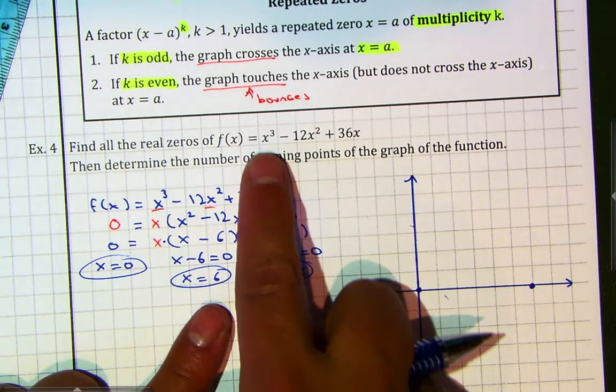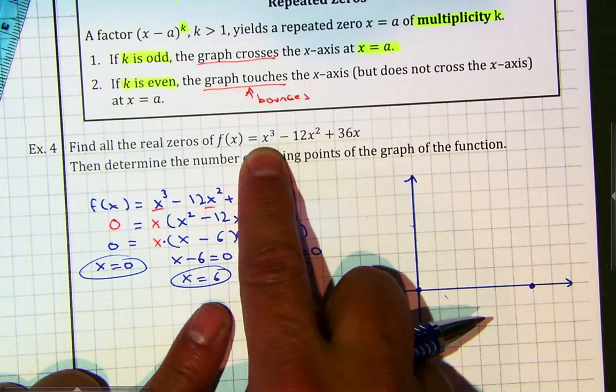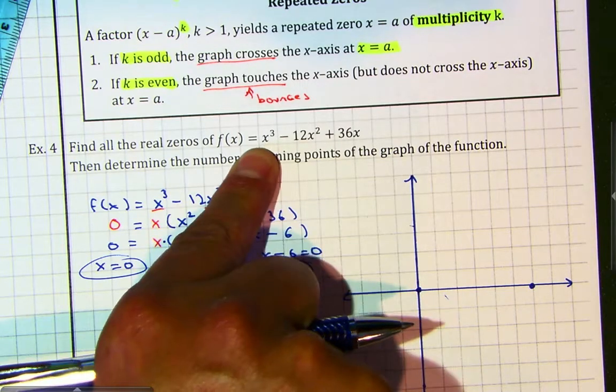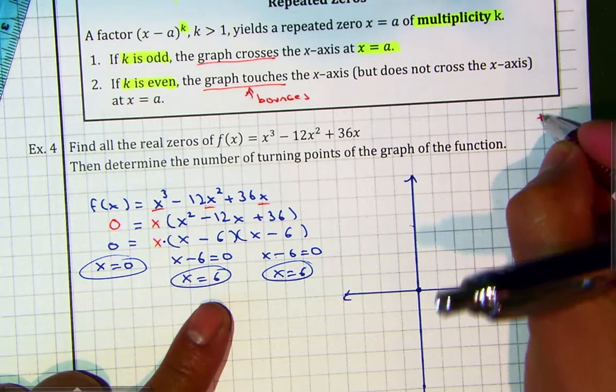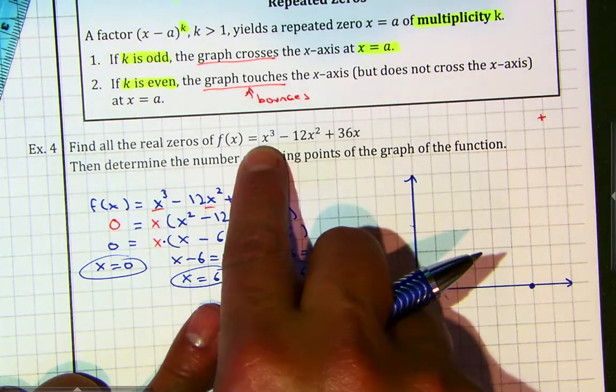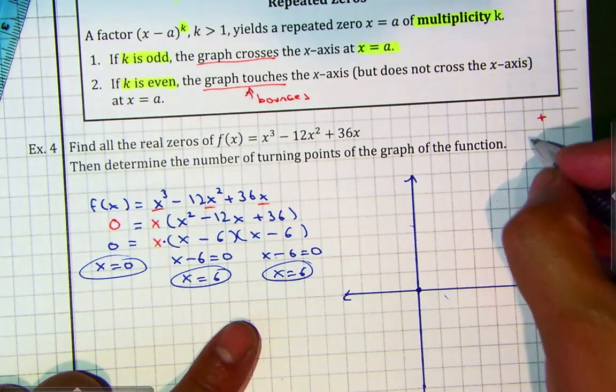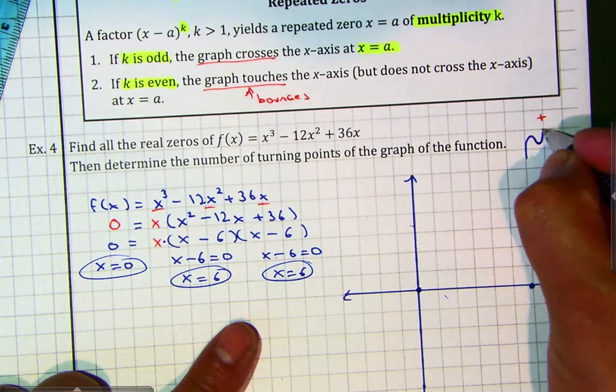Now this is x to the third, and my leading coefficient is positive, so it should end in positive infinity, and because it's odd degree, it'll be 1, 2, 3. Do you agree?